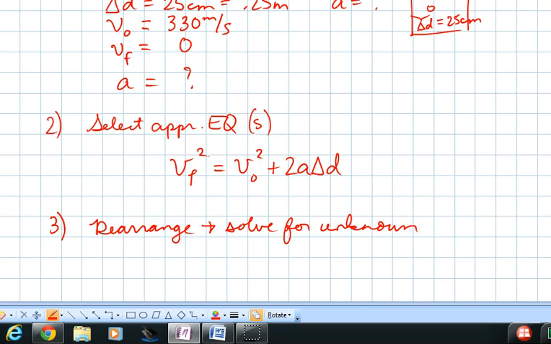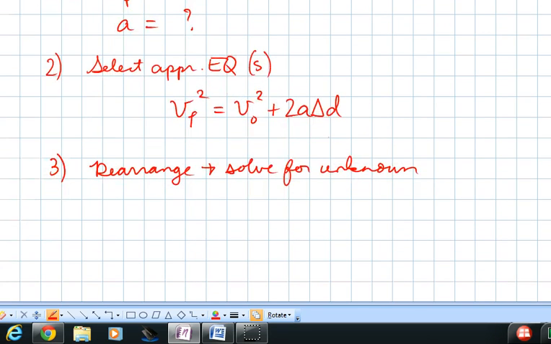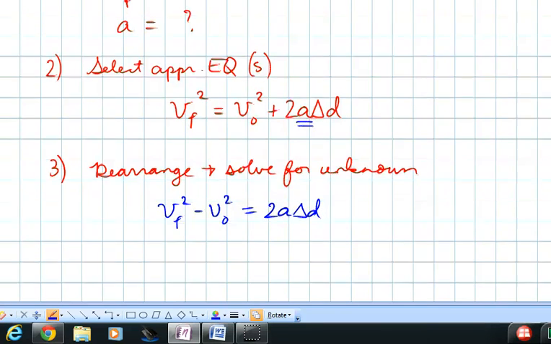So what we want to find is the acceleration. Since we're trying to solve for acceleration, how about if we write it like this? V final squared minus V initial squared equals 2 times acceleration times change in distance.